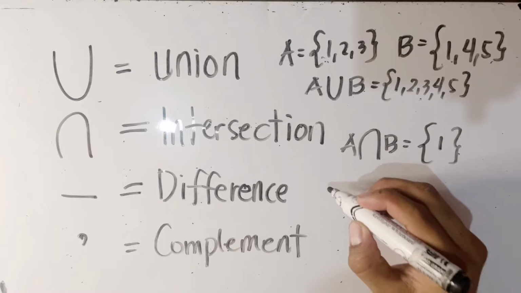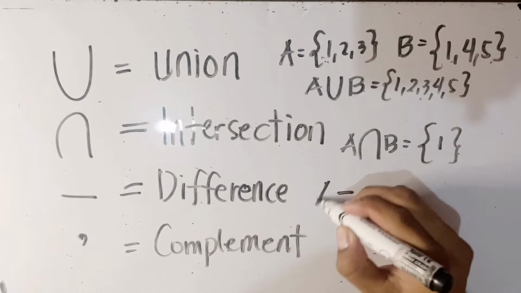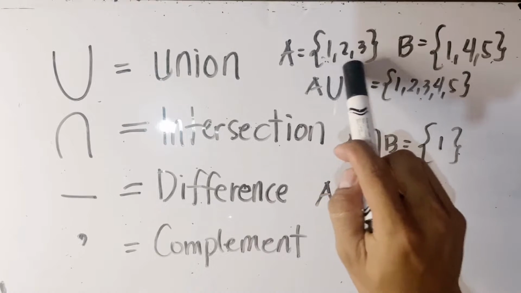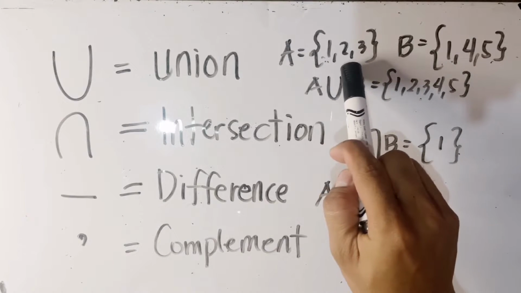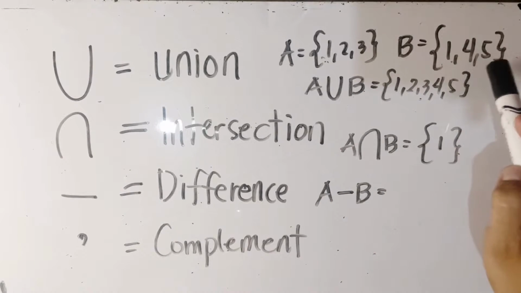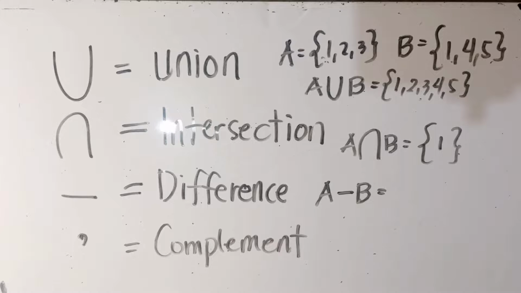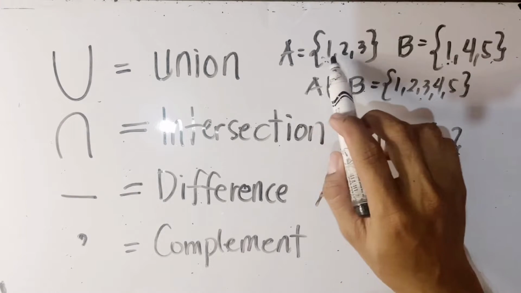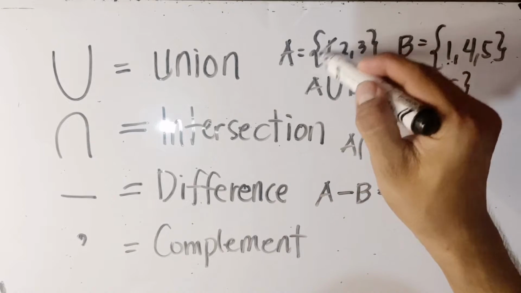Now, for the difference of A and B, from the elements of A, we deduct the elements of B. Because in B we have 1, and in A we have 1, we will cancel out 1.